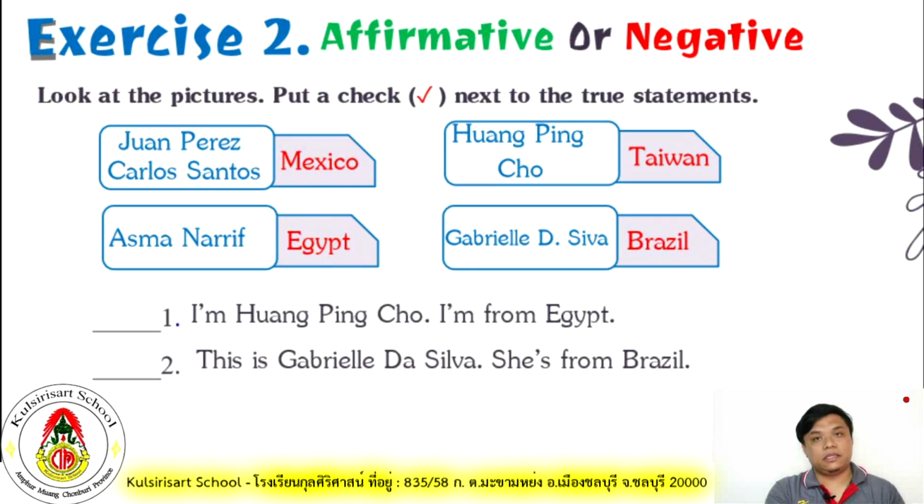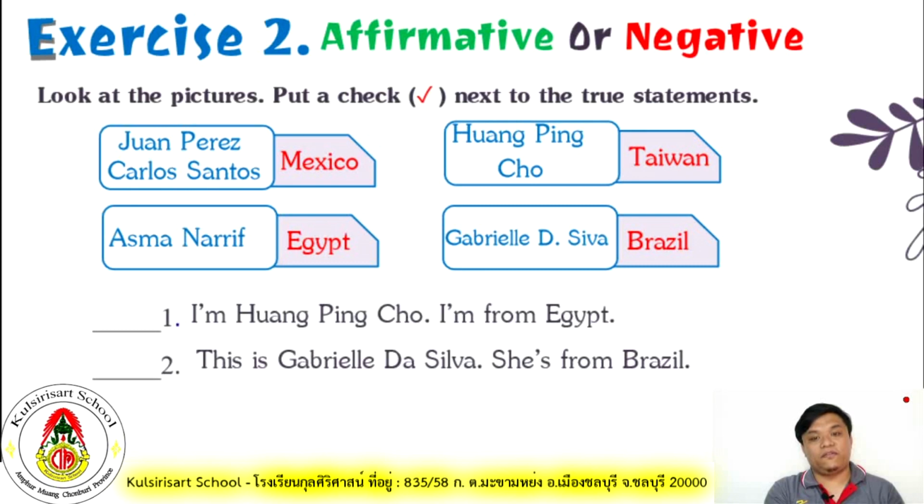They're from Mexico. That is an affirmative. But when I say Asma Narif is not from Egypt, I use a negative form, but it is false because Asma Narif is actually from Egypt. Okay, let's try to understand this by having example number 1.